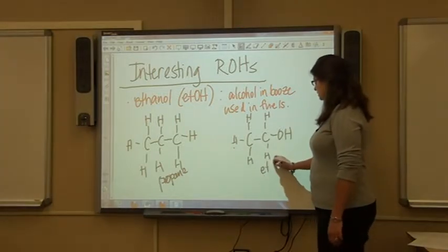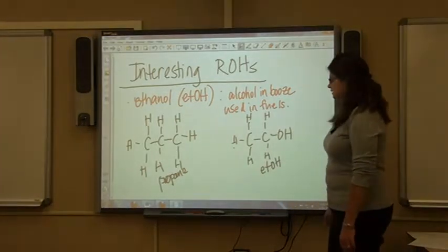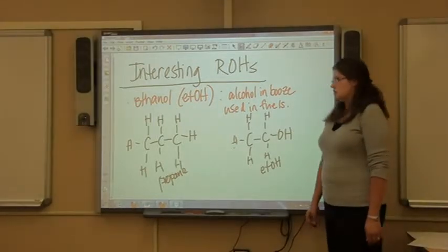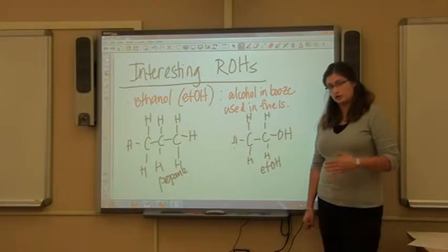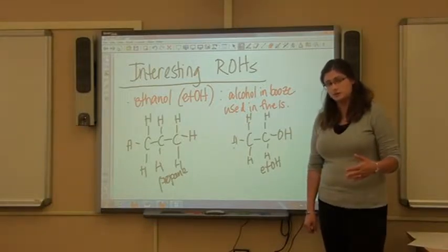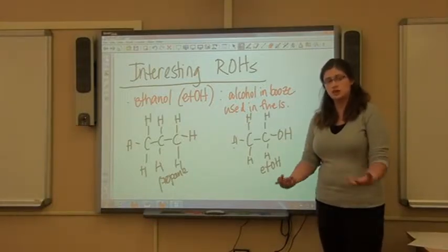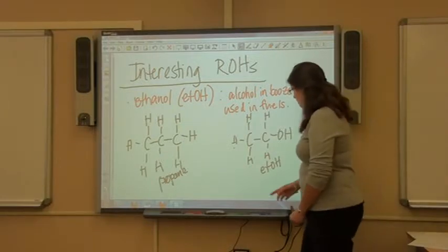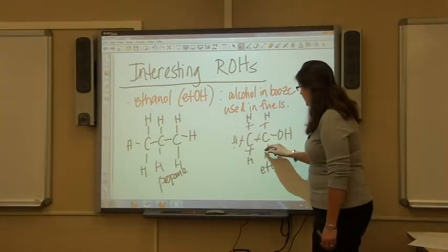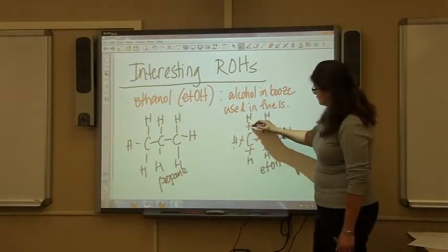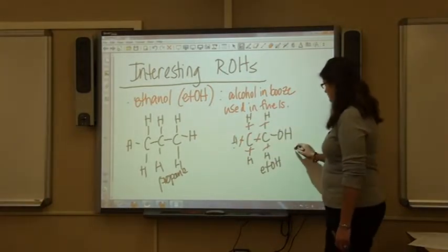So here is ethanol, CH3CH2OH. Now, remember what I said, every carbon-hydrogen and carbon-carbon bond, when it's broken, releases energy. So ethanol has the power to produce energy at 1, 2, 3, 4, 5, 6 bonds.